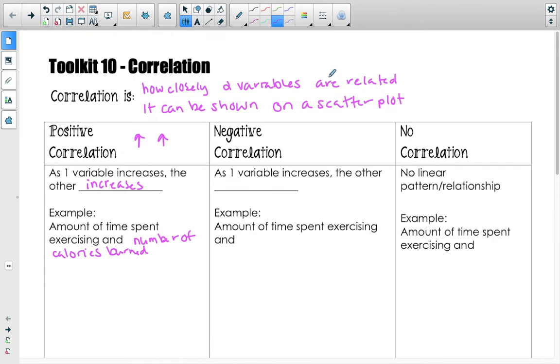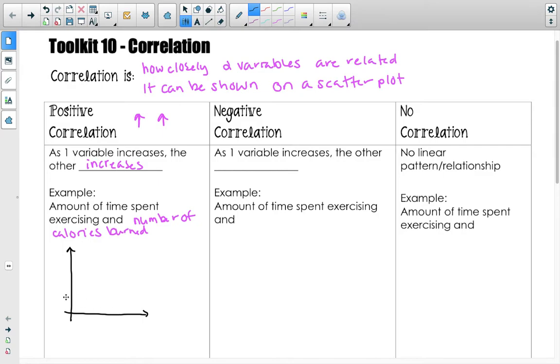So if we were to look at this on a scatter plot, our time is increasing, so our calories would want to increase as well, the amount of calories burned. So we would have it looking more like this. We could see that as time increases, the amount of calories burned will also increase.